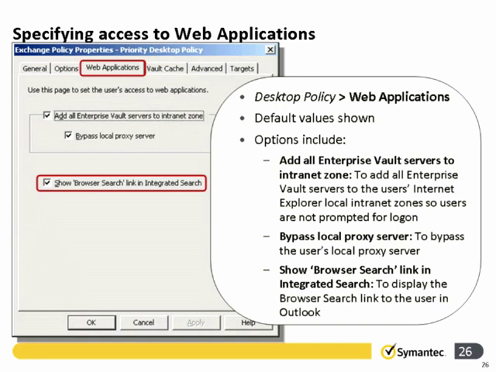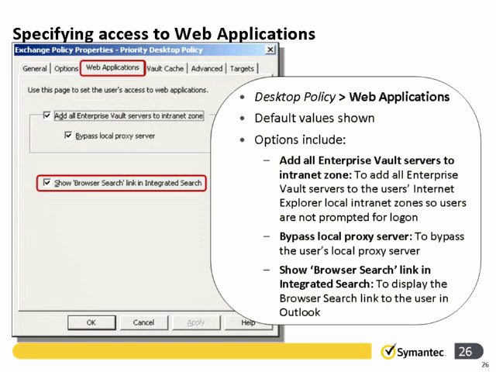First is Add All Enterprise Vault Servers to the Intranet Zone. This will automatically add all the Enterprise Vault servers in this particular site to that local user's intranet zone, so it should not prompt them for a login when they try to connect to the web browser. Also, if they are using a proxy server, you can tell it to bypass the proxy server whenever they're accessing this particular uniform resource locator, or URL.